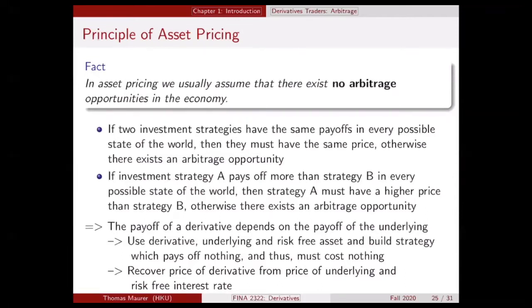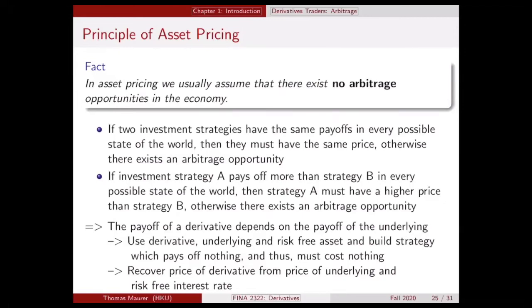Why is that? Let's suppose that strategy A had a lower price than strategy B. Then I would always want to buy strategy A and sell strategy B to get some money initially. And then in the future, if I have strategy A and sold strategy B, I never have a liability because A always gives me a higher payoff than what I owe by selling strategy B.